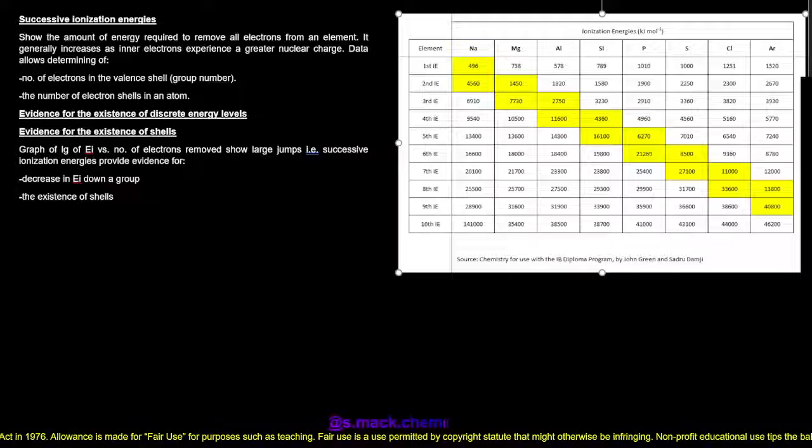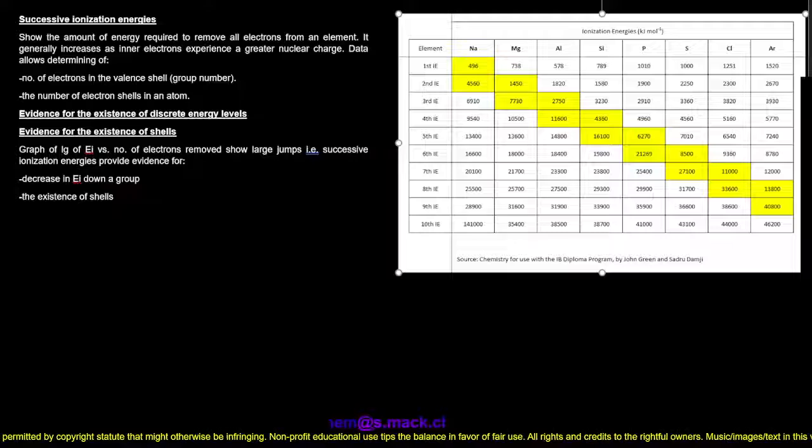In this diagram that we see on the screen, it has already been highlighted for you how we analyze the data. So for example, in sodium, the first and second ionization energies have been highlighted. It's the second and the third for magnesium, third and fourth for aluminum, and so forth.